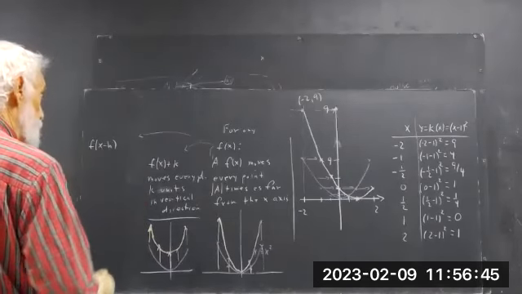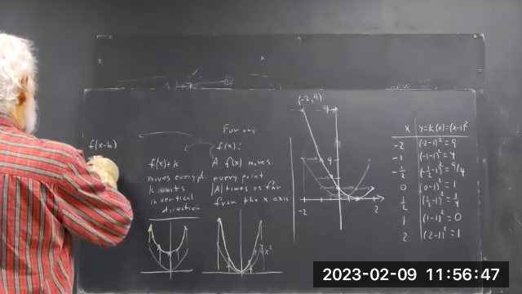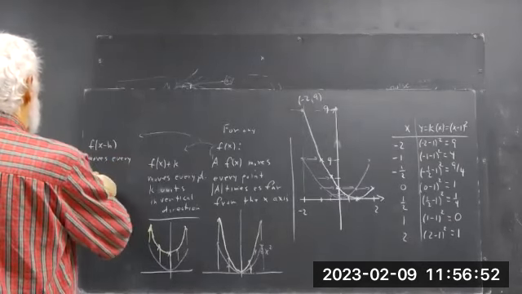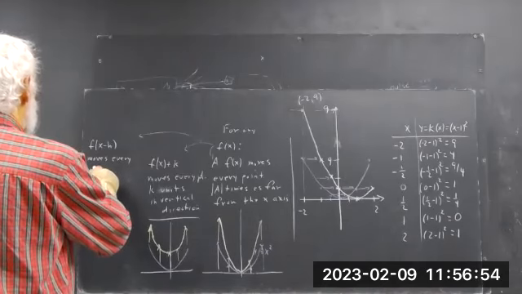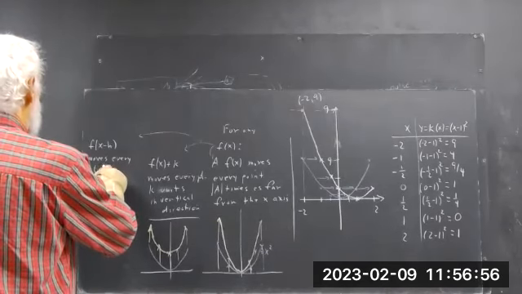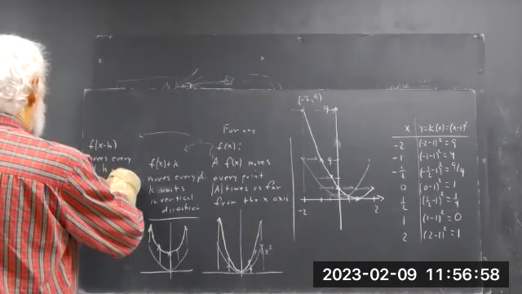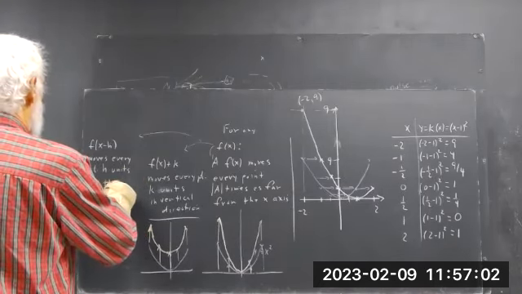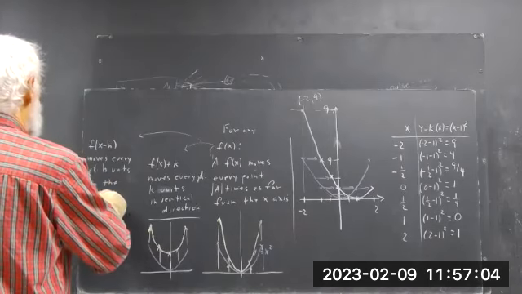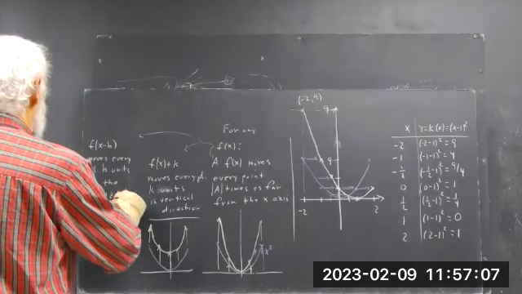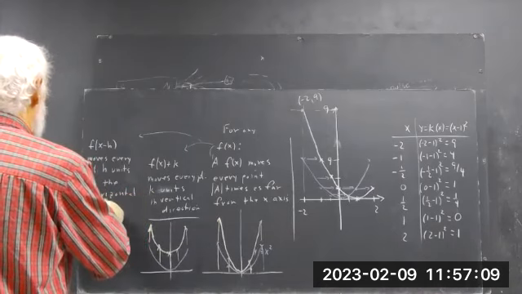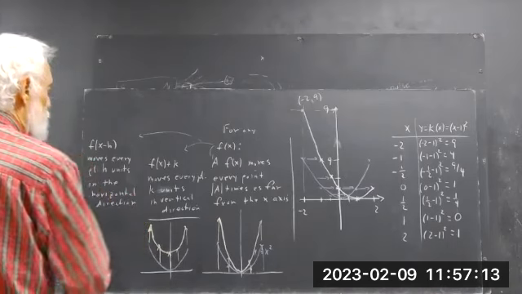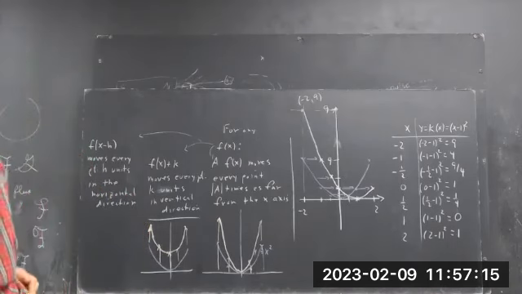f of x minus h is every point 10 units in the horizontal direction.